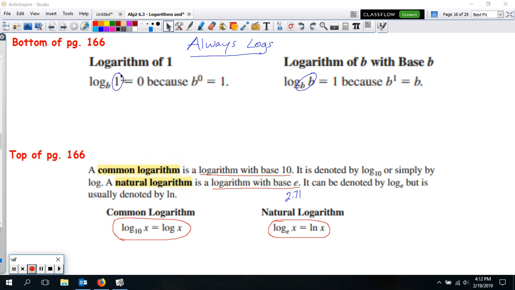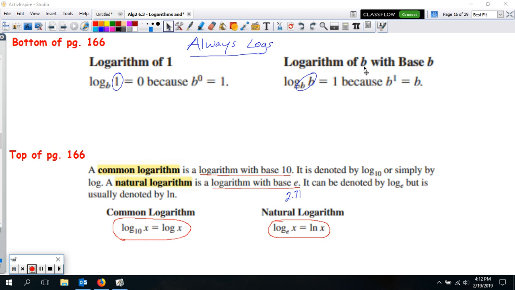So here's what we know. When your number part is 1, it'll always equal 0. We saw that back on number 10. It had a 1 right here in the number spot, and our answer was 0. That will always be true, and the reason is that anything to the 0 power equals 1.